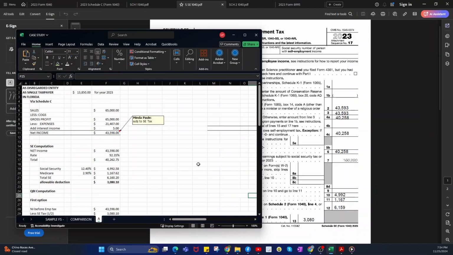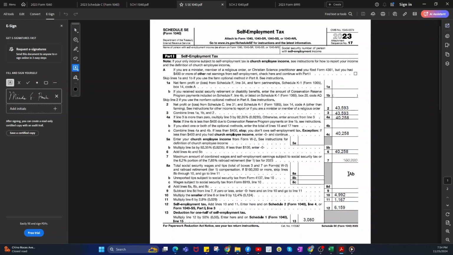Only 50% of the self-employment tax is an allowable deduction from the taxable income. So here this is the net profit from the business, and then there's a formula here that we have to follow.